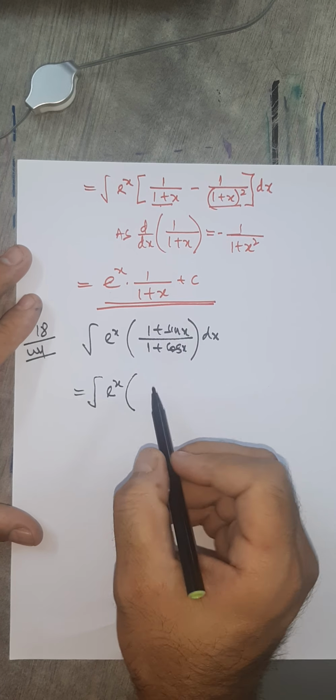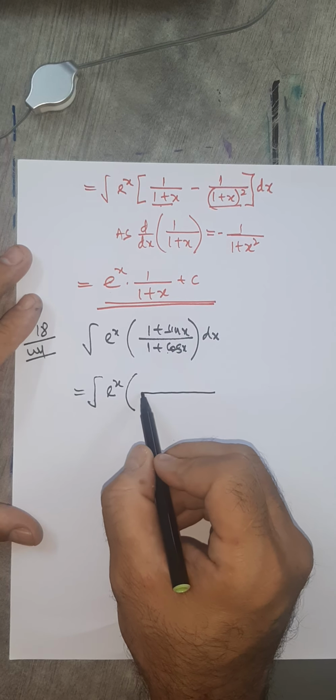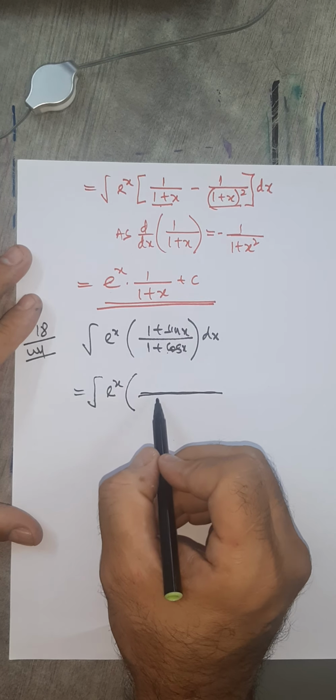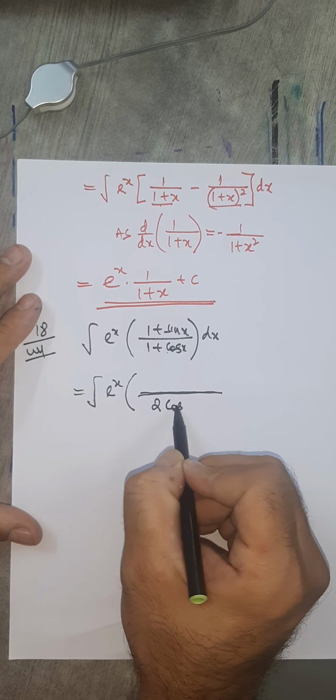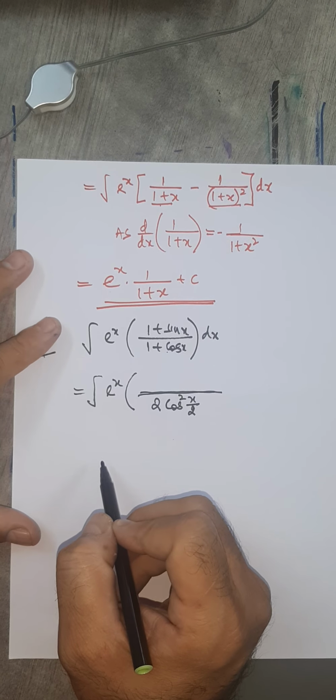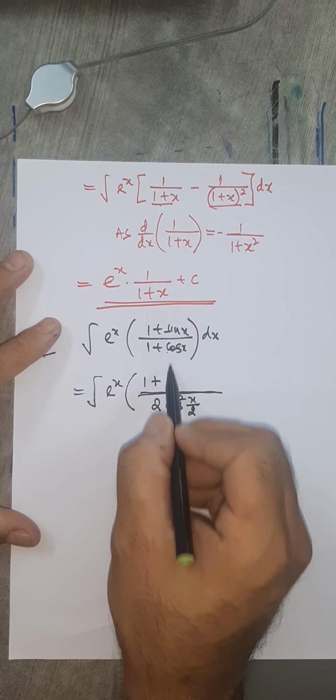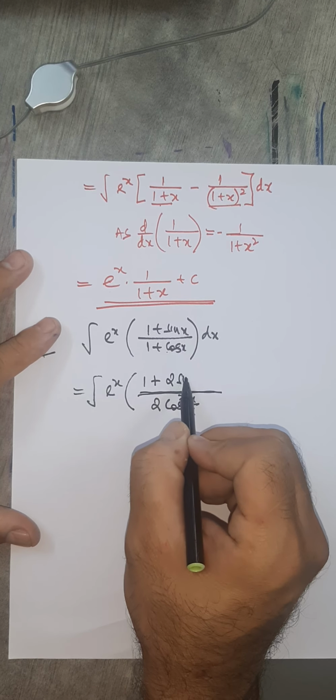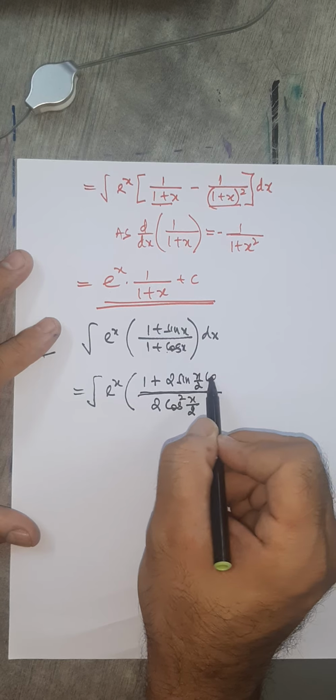So for that, I'll reduce this into a single function. You know that this is 2 cos square x by 2. 1 as it is. So this should be reduced into half angle, twice sin x by 2 into cosine x by 2.